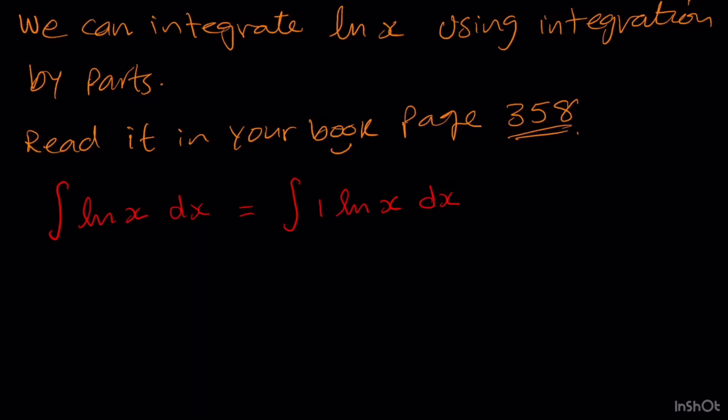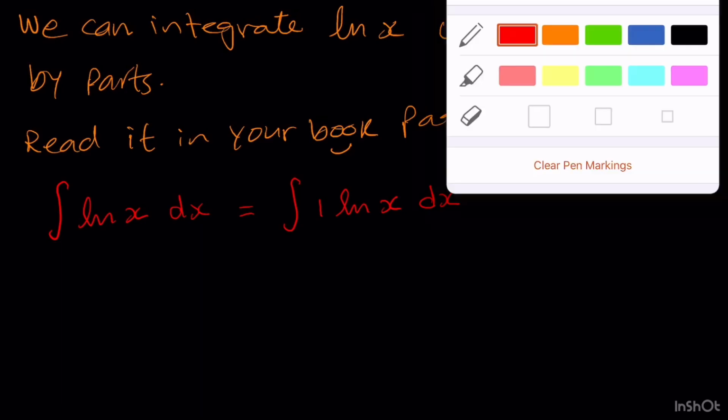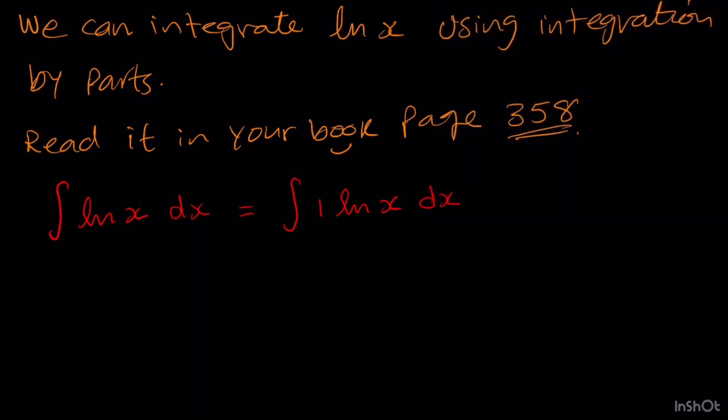In this case we can use integration by parts: we take ln x as u and the 1 as dv over dx. Now it's like we have two functions. This is the trick of it.